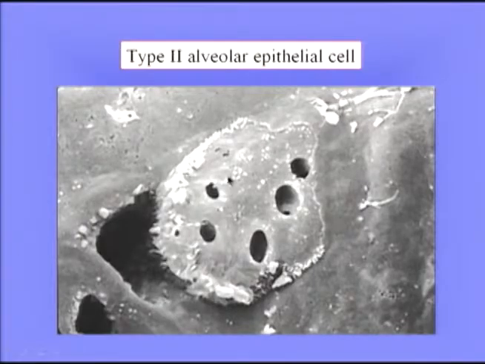Now, there are a number of other features of the lung parenchyma that we should certainly note in passing. One is the type 2 alveolar epithelial cell. Remember, we mentioned the type 1 cell in the previous slides. That's the main pavement cell, the main structural cell of the alveolus.